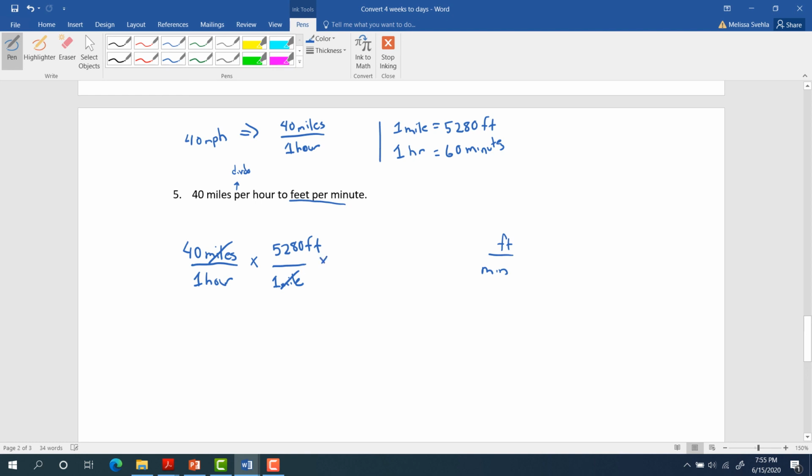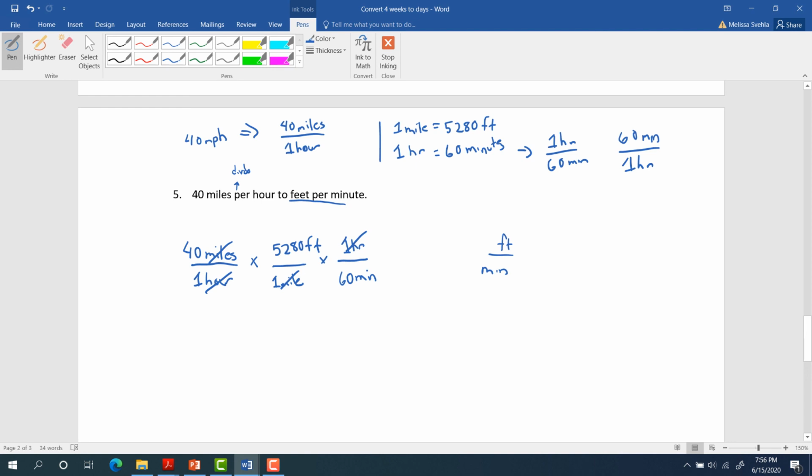I have to be careful: I can rewrite this as 1 hour over 60 minutes and 60 minutes over 1 hour. Since the first one's on the bottom, I'm going to put the 1 hour on top and then 60 minutes here, so the hours will cancel diagonally. And I have feet over minute, which is what I want.